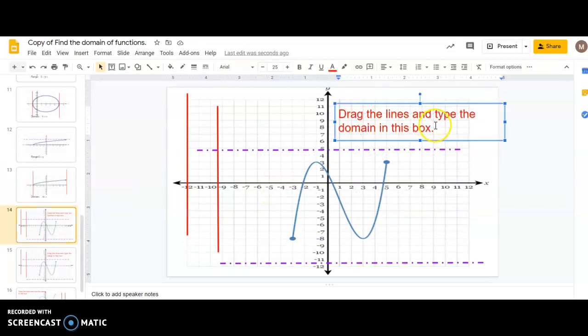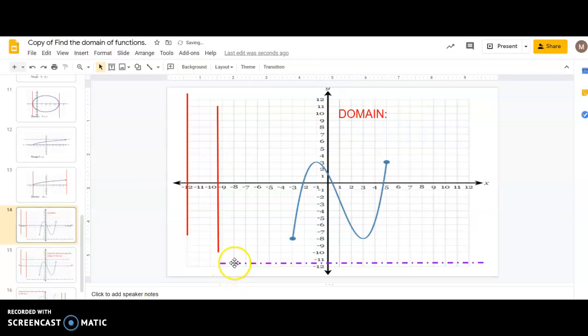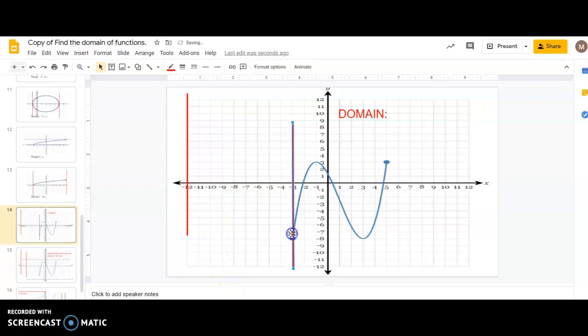This one says find the domain. So I'm going to drag the lines and find the domain. Domain is from left to right, so I'm going to get rid of these lines because we don't need them. And again, we're going to start how far does it go on the left and how far does it go on the right. I'm going to make those lines dotted so we can see it better. There we go.